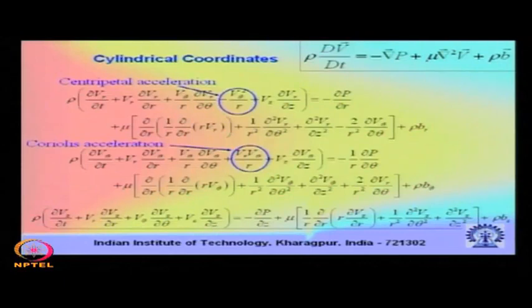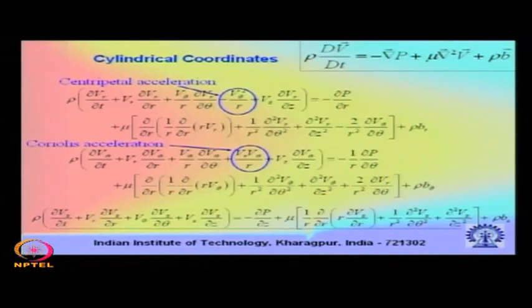Then the fifth term, Vr is 0, so that term is also 0. On the right hand side, minus dp/dr is there, so at least we have found one term which is there. The next term is again 0 because Vr is 0.